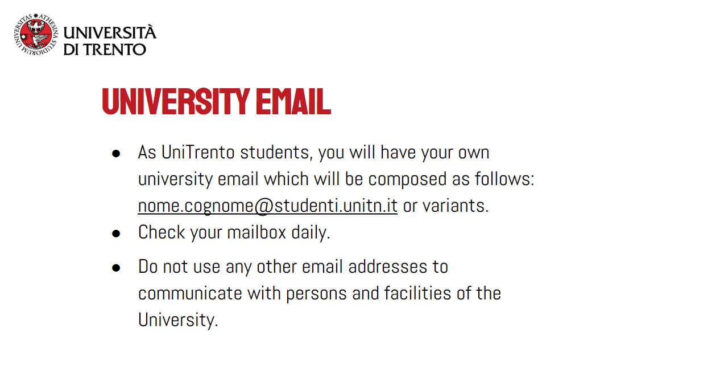The domain of the mailbox varies according to the user's role and may take on different domains from time to time, even simultaneously, for example @unitrento.it or @studenti.unitrento.it, and so on. The email box and access to Google services are only issued to people with an active role in UniTrento and cease to exist after 6 months from the end of the role.